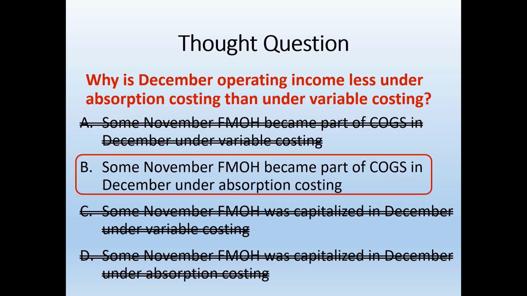The correct answer is that some of November's fixed manufacturing overhead became part of cost of goods sold in December under absorption costing. That's the part that did make December's income so much lower.